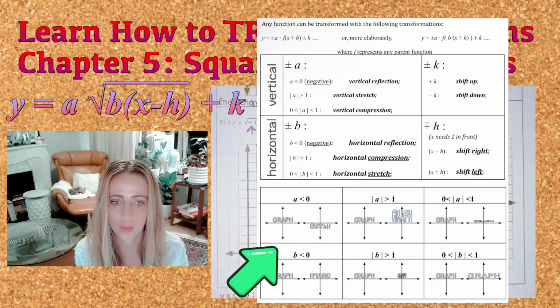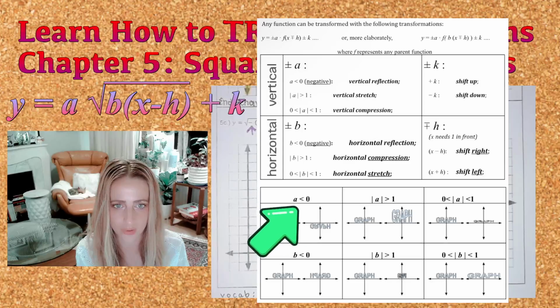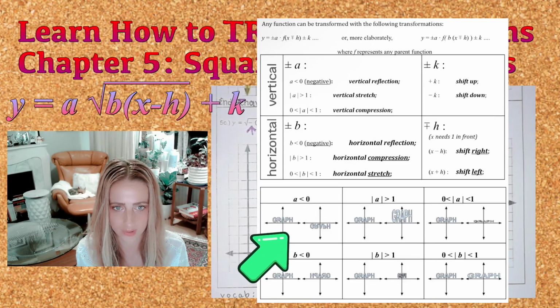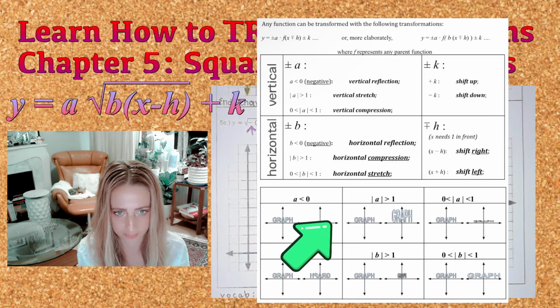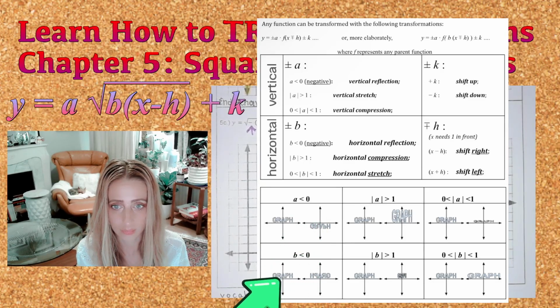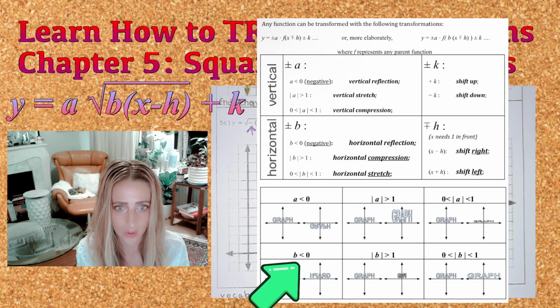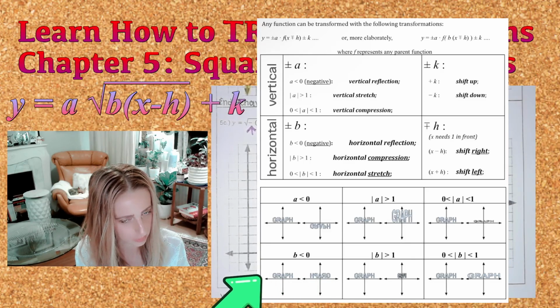We're going to compare these two depictions. When A is negative, less than 0, the graph will reflect that way, right? Do you see it's reflecting vertically over the origin or the new origin? This one, when B is negative, reflects horizontally, which is over the vertical axis, or the y-axis.